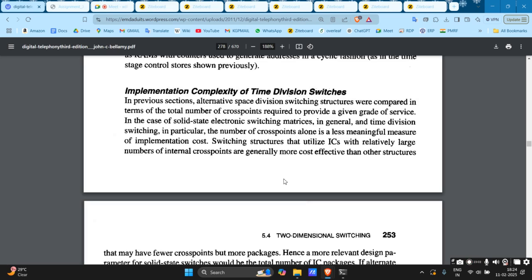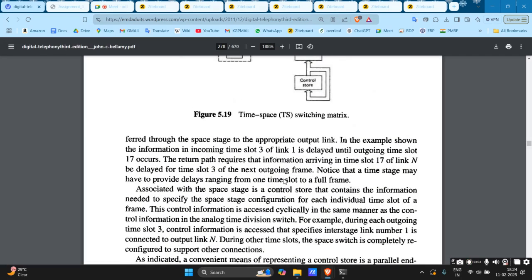Now we will be analyzing the implementation complexity. Implementation complexity means what is the expense of implementing such a switch. For a space division switching, the cost is in terms of the number of cross points we have to build. If there are n users, then there will be n cross n cross points. But in time division switching, what is the cost? The cost is the buffer size, the RAM that we have in time division switching.